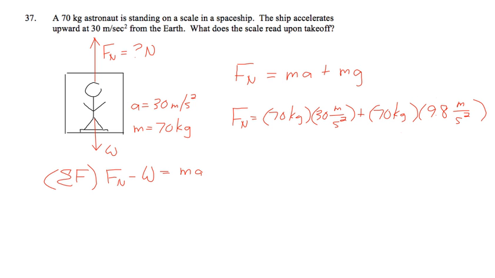The normal force would equal 70 times 9.8. When the rocket's moving at a constant speed, the normal force would also be equal to 70 times 9.8. This amount right here is the additional amount that we need in order to accelerate the rocket.